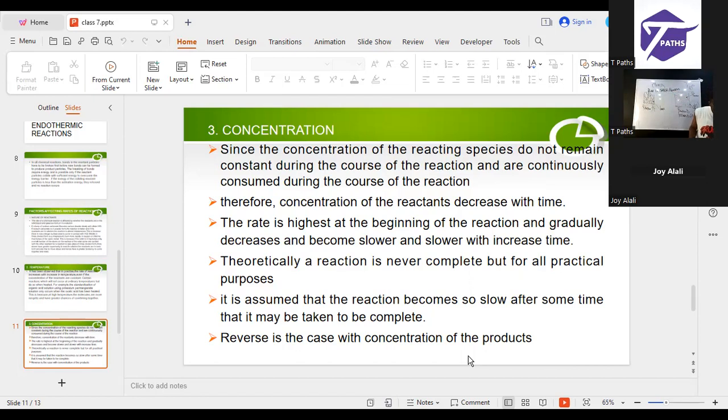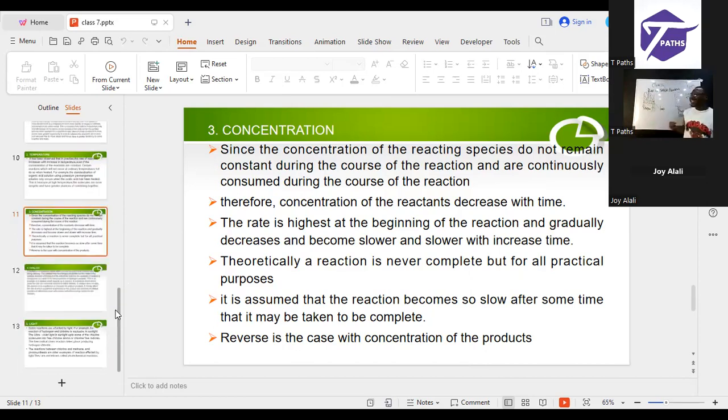So we can easily say that concentration influences the rate of the reaction. When you put in more reactant, you form more product, because you have increased the concentration of the reactant.